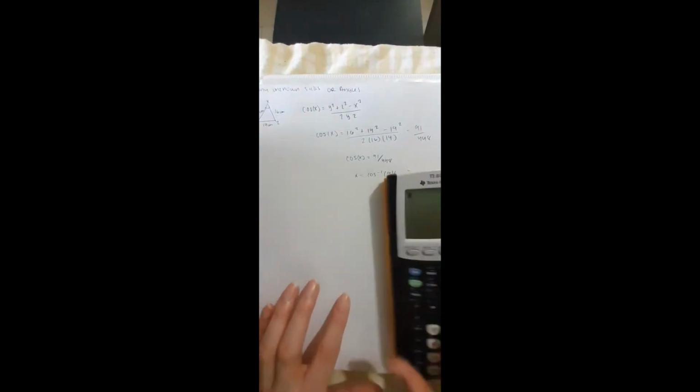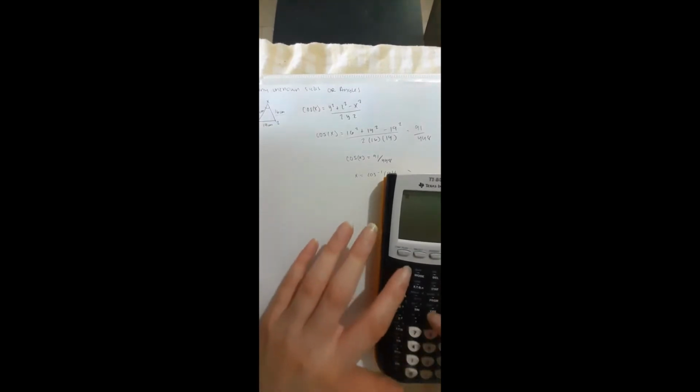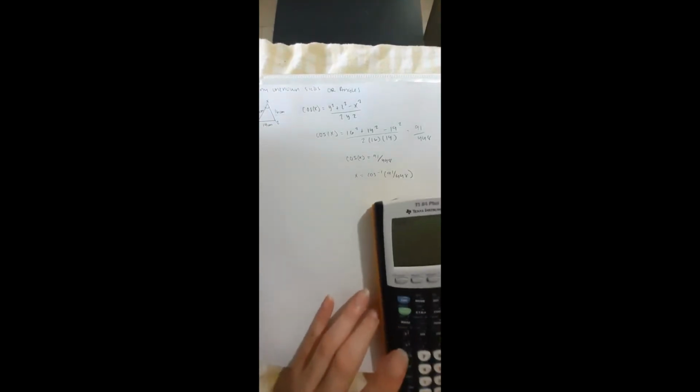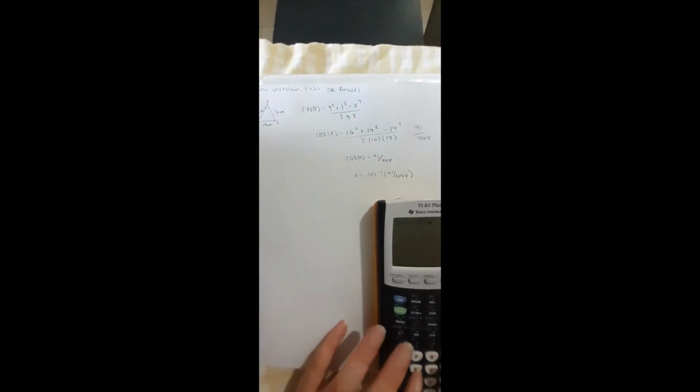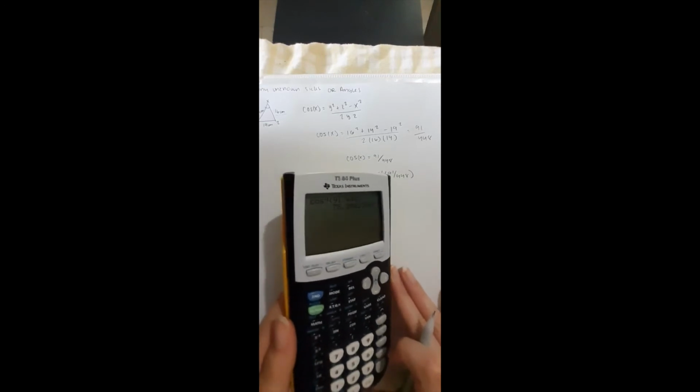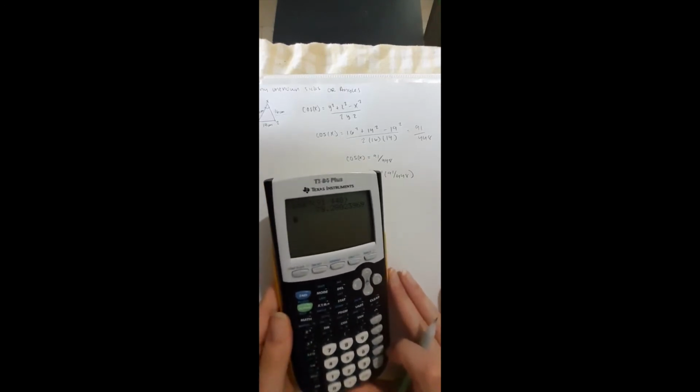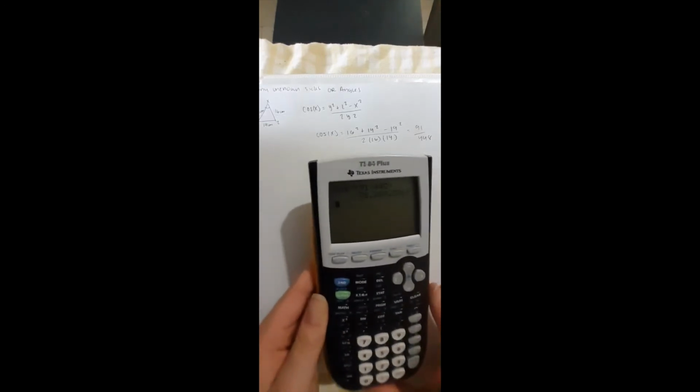Okay, let's try that. Cosine inverse of 91 over 448, and we get 78.28 for x. Alright, so now we have one angle.